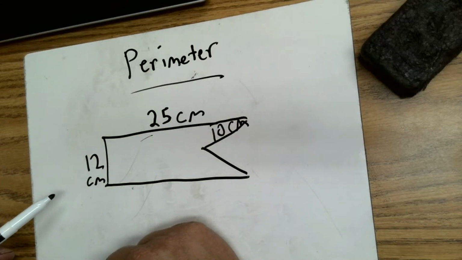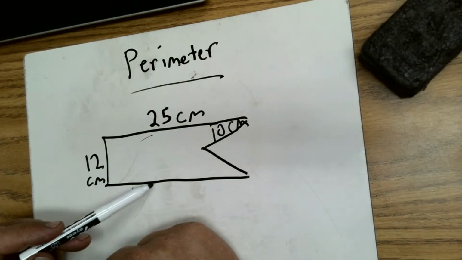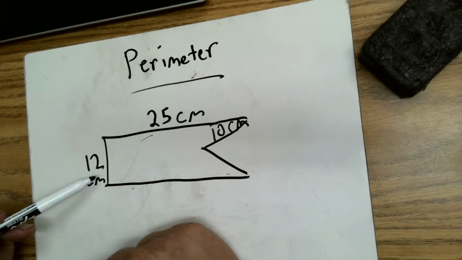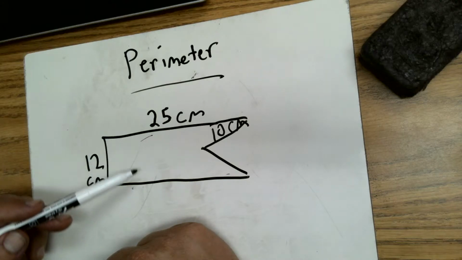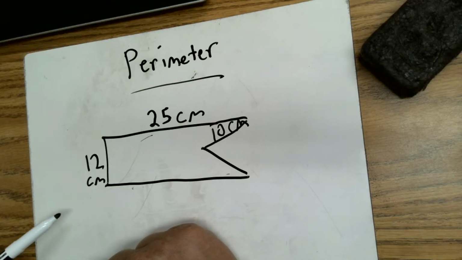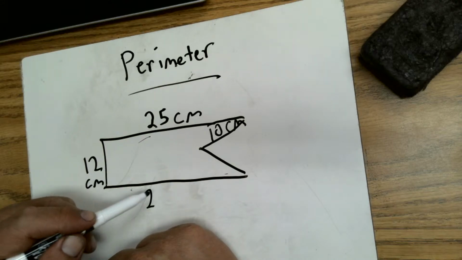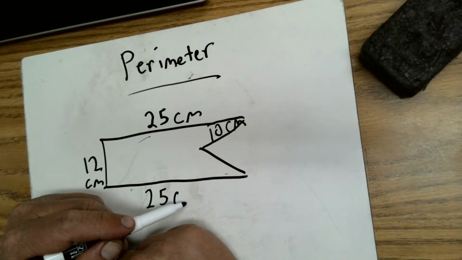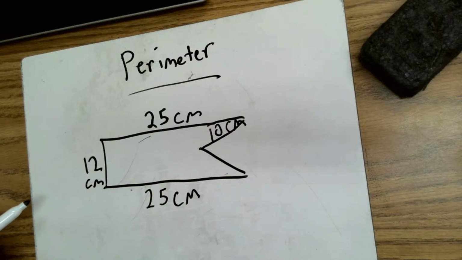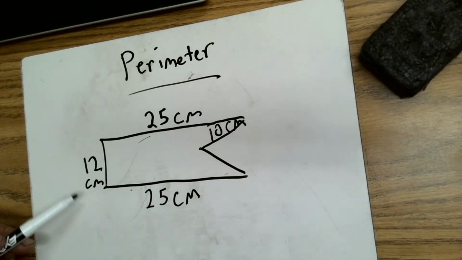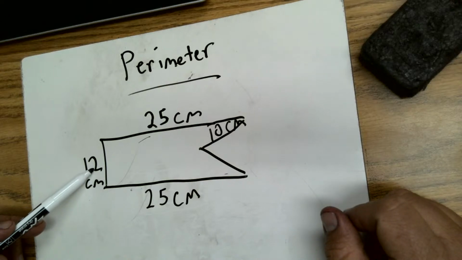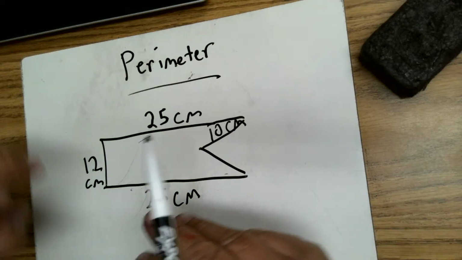We need to know the length of this line here too. Well, this line is the same as this line. So this was 25 centimeters, and this here is also 25 centimeters. Then this here is 12 centimeters, and it doesn't match anything.